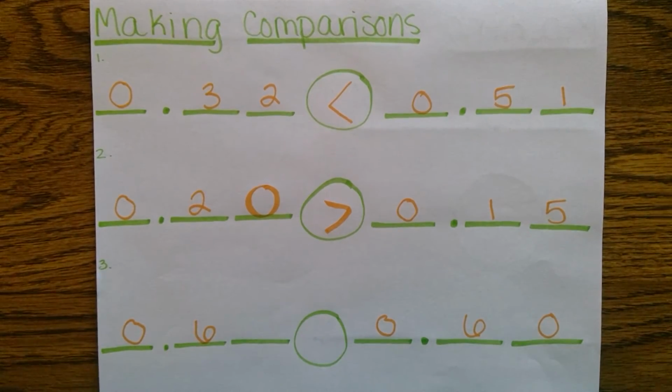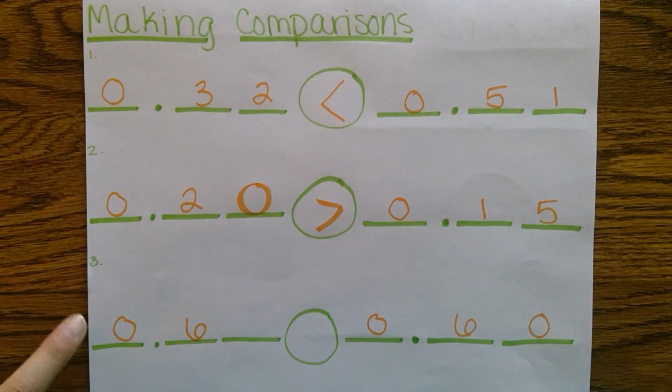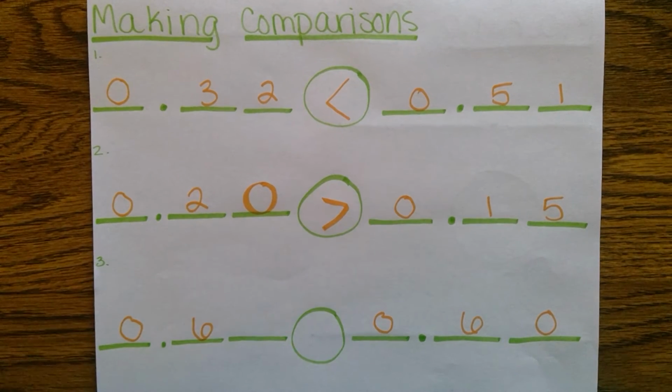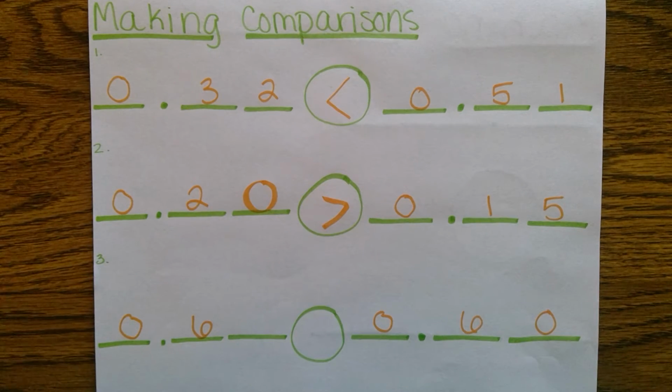It's a similar situation with the next one. Many people think that 0.60 or 60 hundredths is greater than 0.6 or 6 tenths. But we have to look at the place values and recognize that this is in tenths and this one is in hundredths. So we need to make them equivalent.